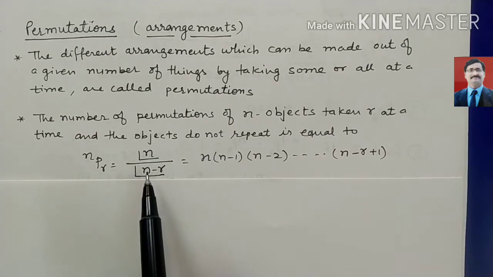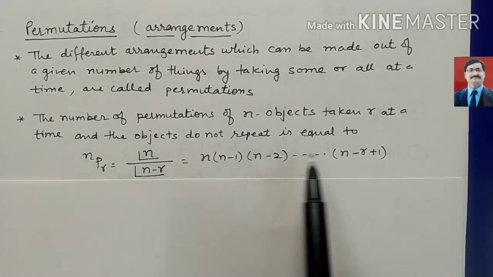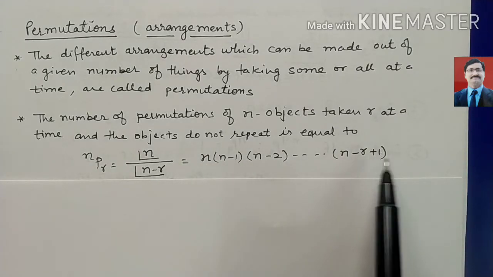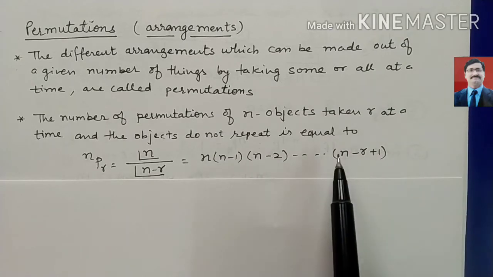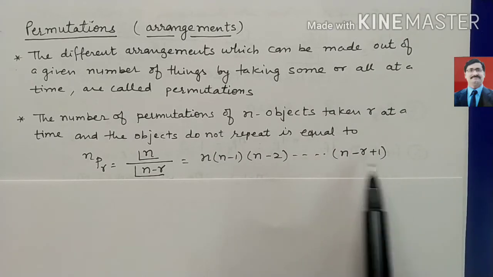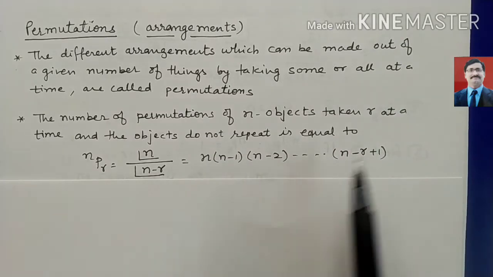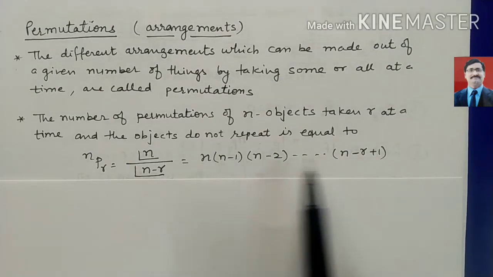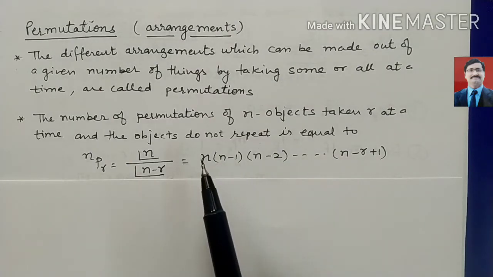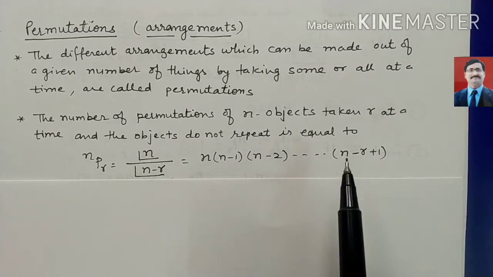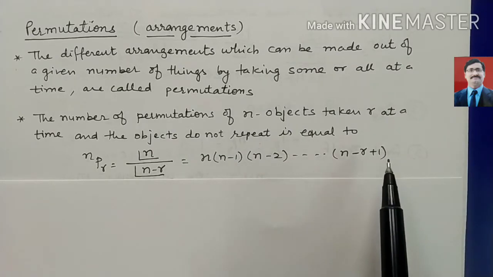When we expand it, before n minus r comes n minus r plus 1, and factorial n minus r cancels, so the remaining is n times n minus 1, n minus 2, up to n minus r plus 1.